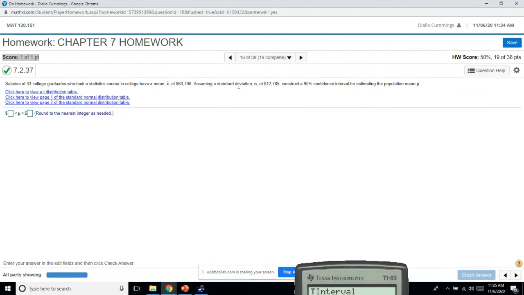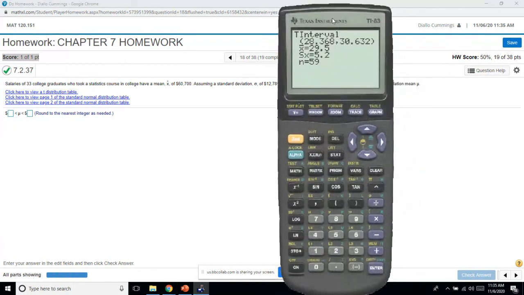Assuming a standard deviation of 12,785, we're asked to construct a 90% confidence interval. So notice that the standard deviation in this problem is assumed. So for problem number 18, we're going to use a Z interval.